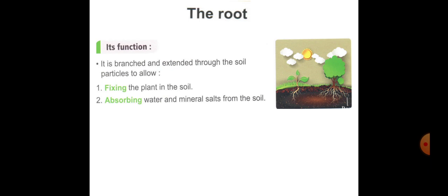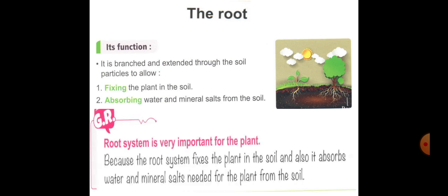Okay, let's talk about the root. Of course, you know that the root is branched and extended through the soil particles, and the function of the roots is to allow fixing the plant in the soil and absorbing water and mineral salts from the soil.